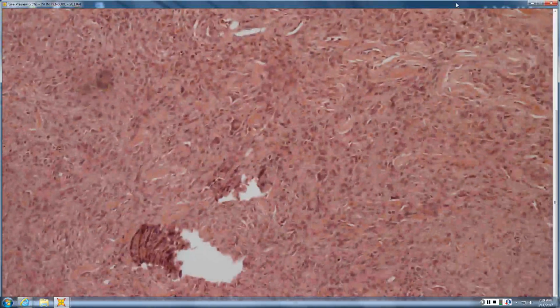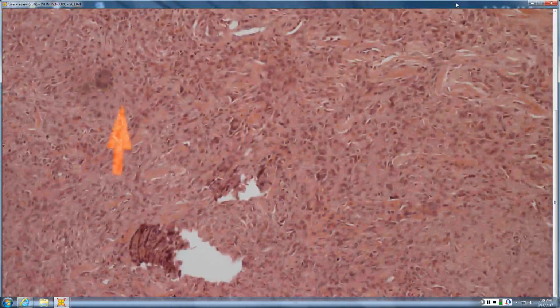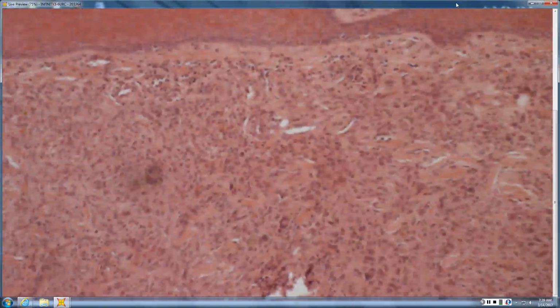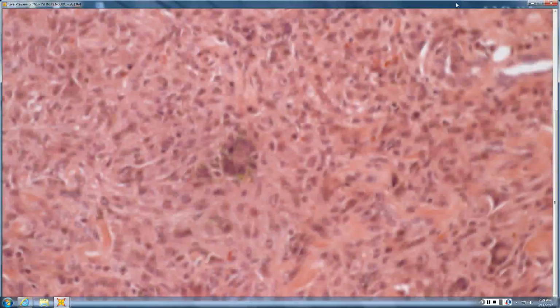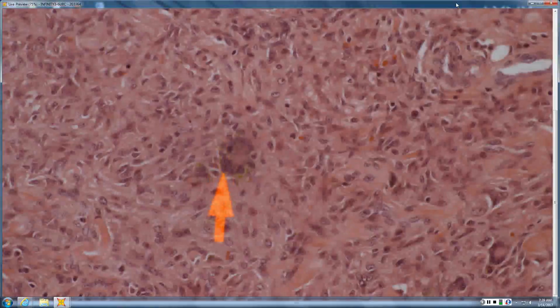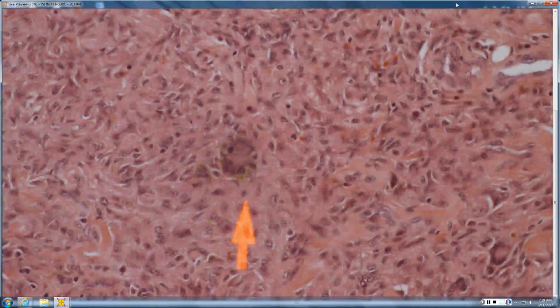Some areas you see some collagen trapping. You also have other clues, like a ringed siderophage. Very good. So ringed siderophage is pretty much pathognomonic for DF.